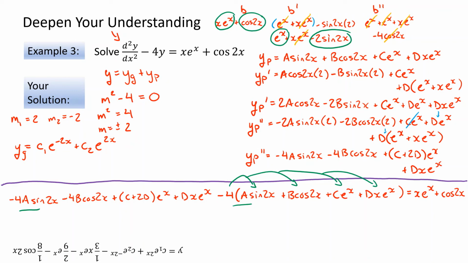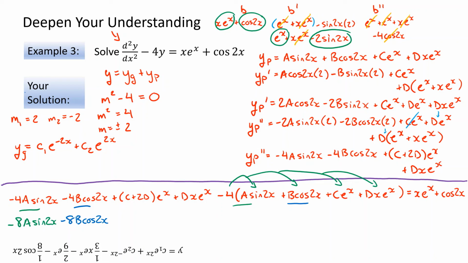So that leaves us, doing this in green, with negative 8a sine of 2x for the first term. I'll switch to blue. We have negative 4b cosine of 2x, again, minus 4b cosine of 2x, distributing in that negative 4, which gives us minus 8 times b cosine of 2x.